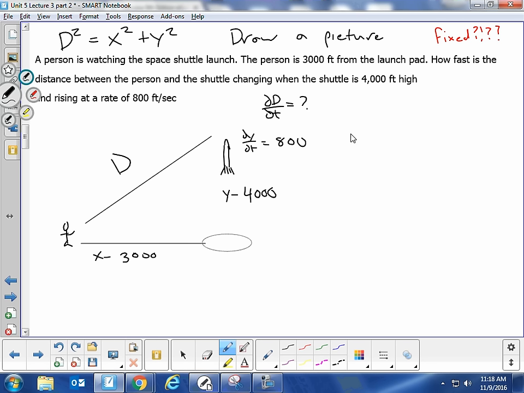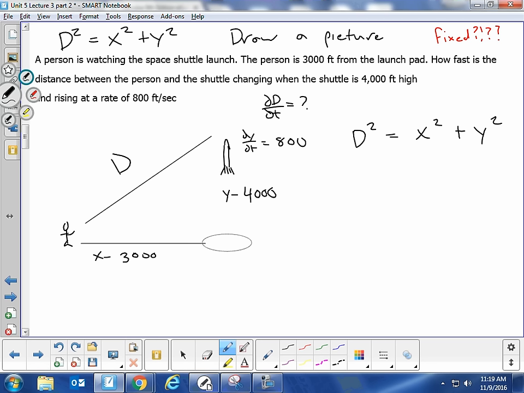Well, what's going to tie it together to find dD/dt is the Pythagorean theorem. However, before I just start taking derivatives and plugging in information, there is a fixed value that I can plug into that d squared equals x squared plus y squared.